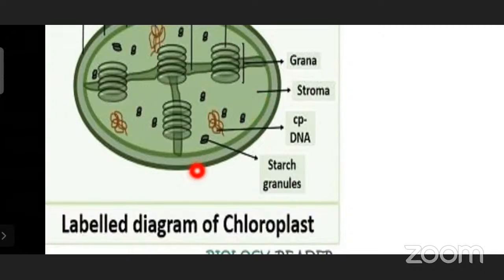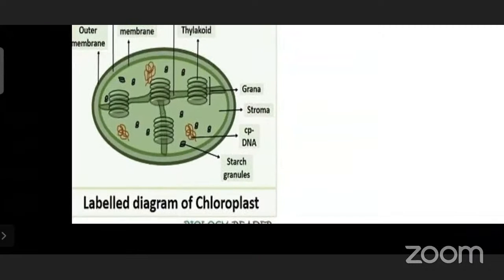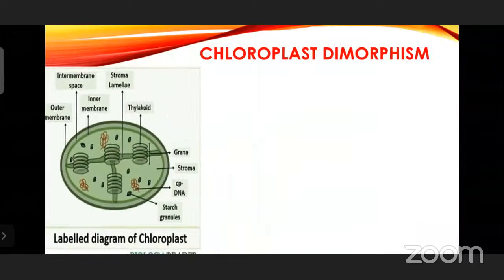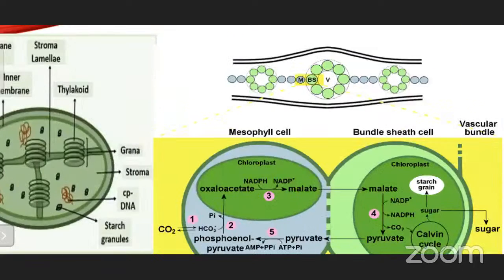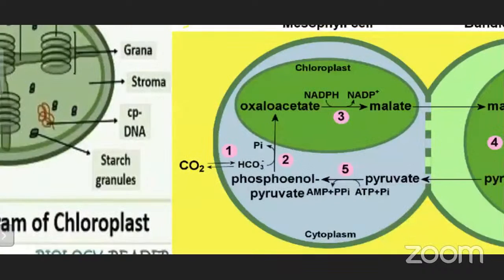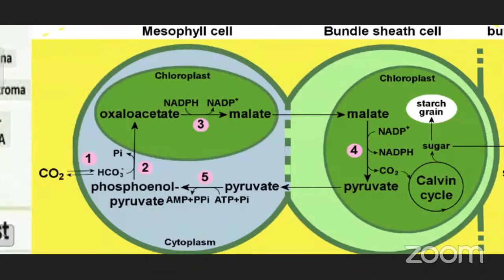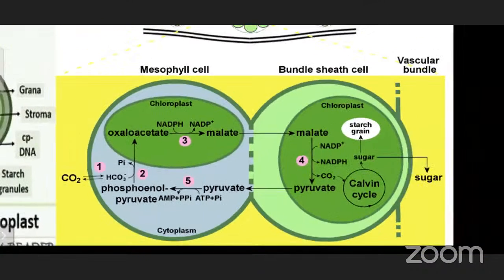This type of chloroplast is called granal chloroplast. Another one is agranal. Agranal means not having grana. It will have only stroma. There is no grana.